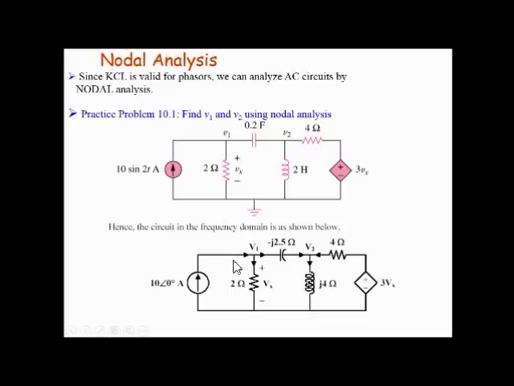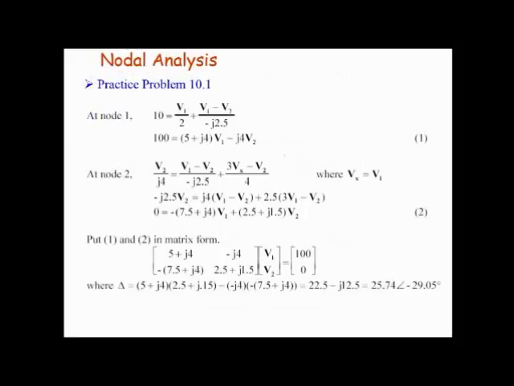Now we have two nodes, V1 and V2, as you can see from the circuit diagram. At node 1, we have to apply KCL, Kirchhoff's current law.